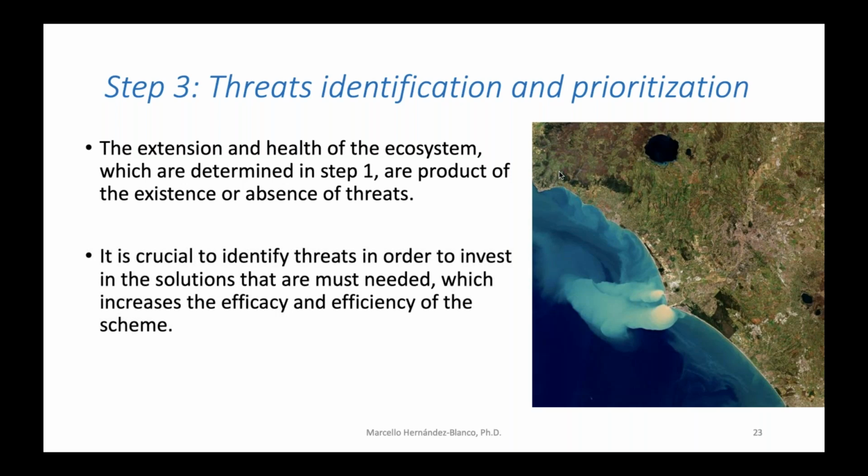And it's also crucial to identify these drivers of change in order to invest in solutions that are the most needed, right? So the solutions and activities that you're going to invest in have to be in relation with the main threats. Otherwise, you're making your scheme less effective and efficient, of course.